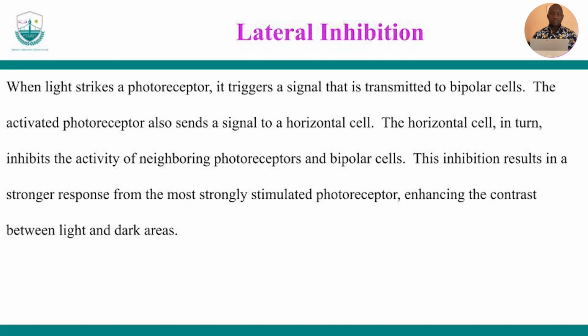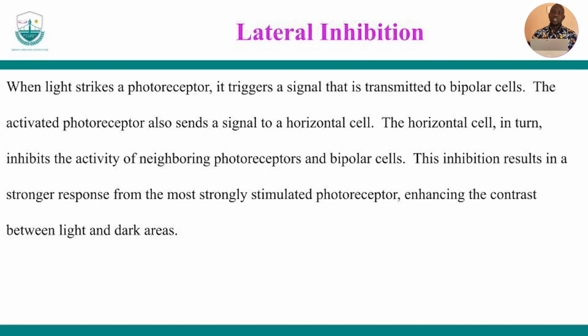If all these are allowed to work simultaneously, then you may not have a very good, well contrasted image. But if you inhibit these and focus on this one, it gives you a better, stronger response. And that is what we call lateral inhibition.